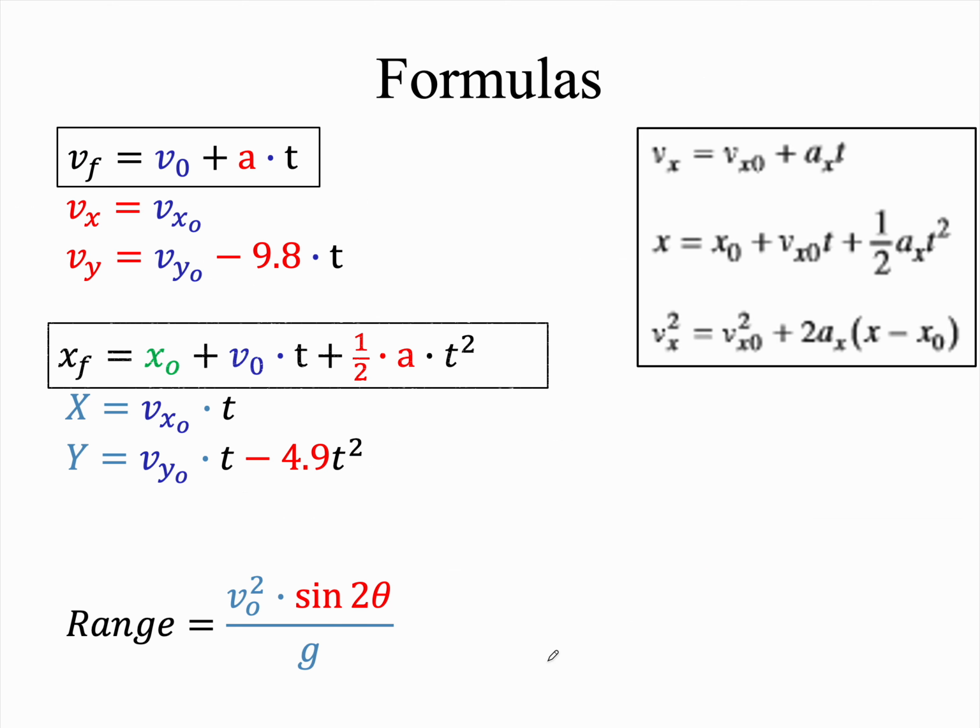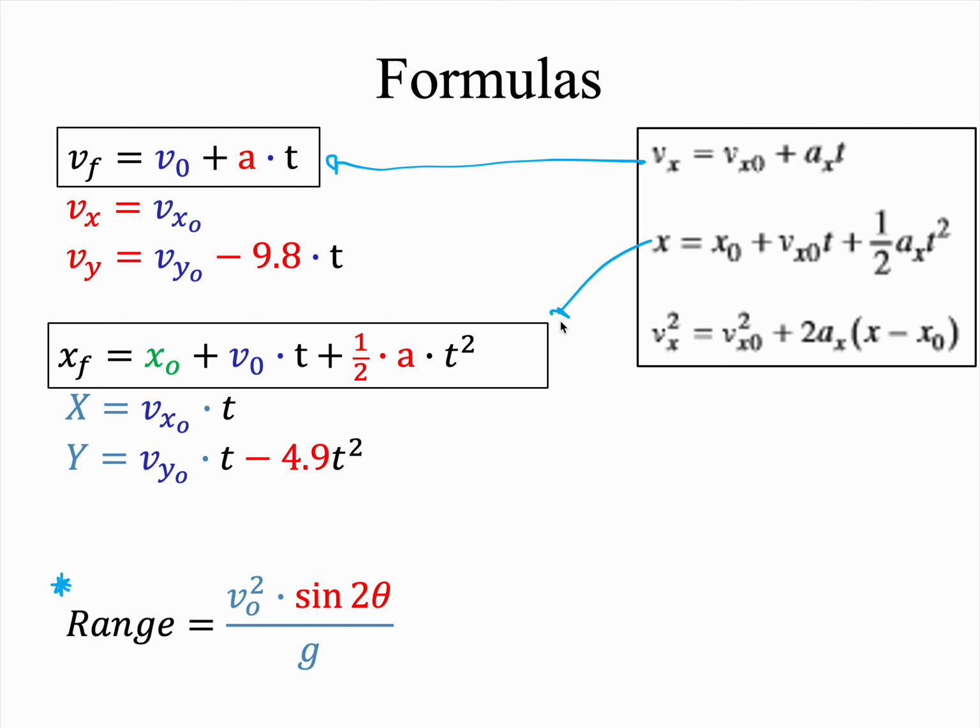Here are the main formulas for this chapter. Please realize they're actually based on these other ones. Is the range equation critical? Not at all. It's really limited. Which equations does AP give you? It basically gives you these two. And from those, you can come up with the equations we're using for X and Y and everything else.